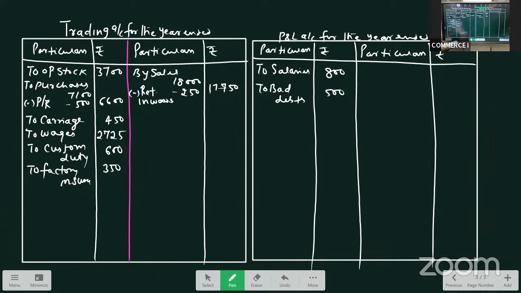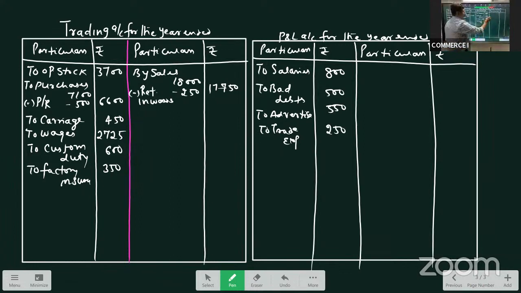Then advertisement, it is a selling expense. We go to P&L. Advertisement 550. Trade expenses. This also will go to P&L. Trading expenses, buying and selling expenses, you can say in short, it is 250.